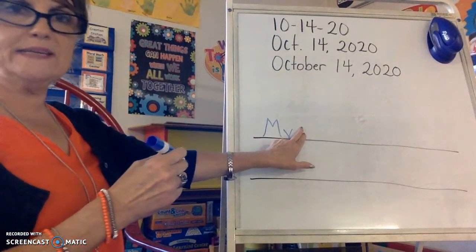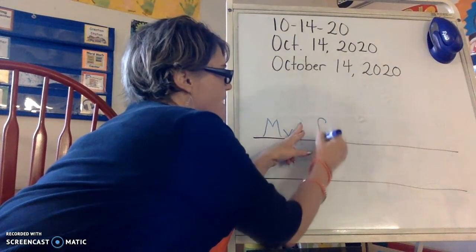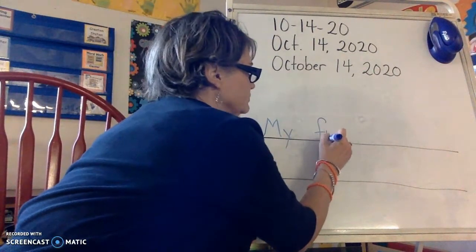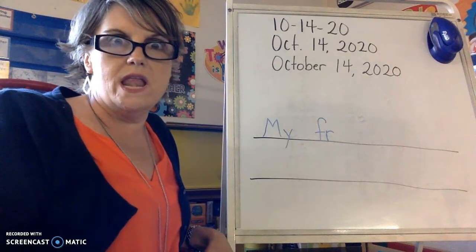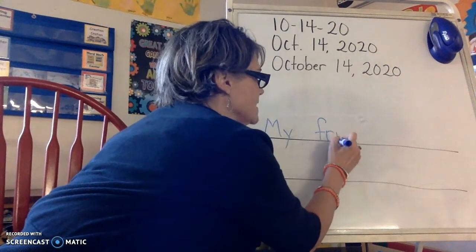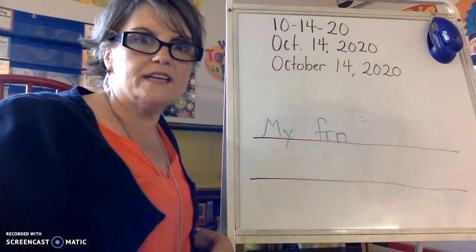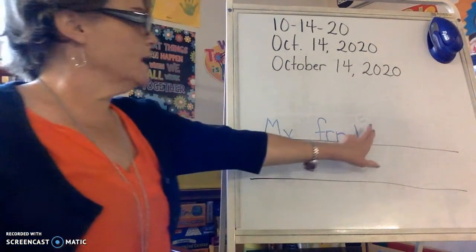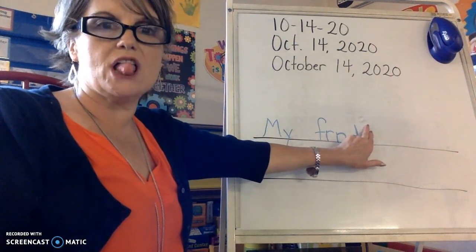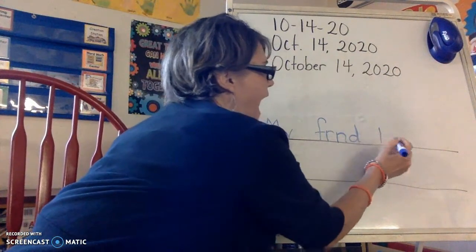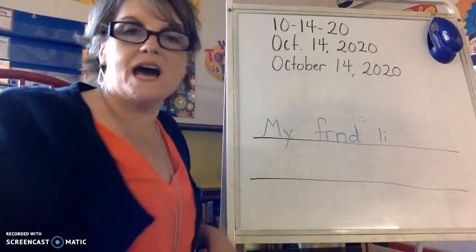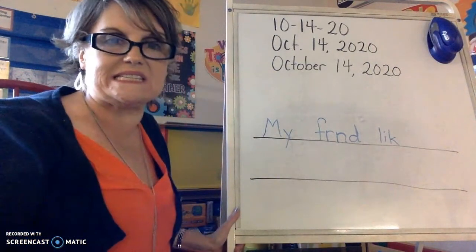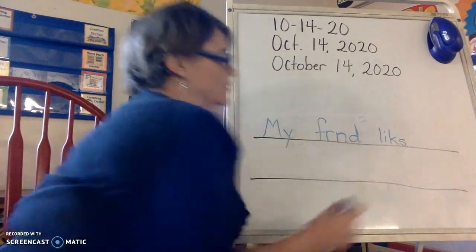My, two finger space, friend. F, R, I, E, N, D. My friend, two finger spaces, likes, L, I, K, E, S. Likes.